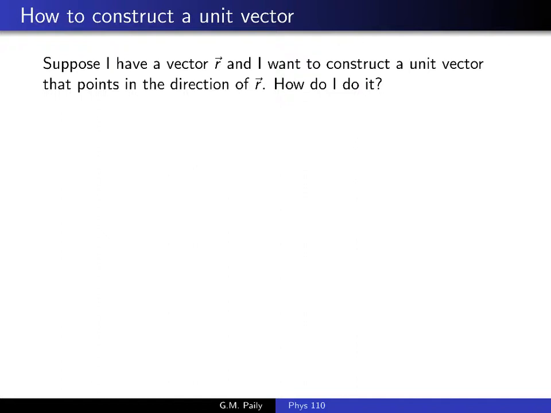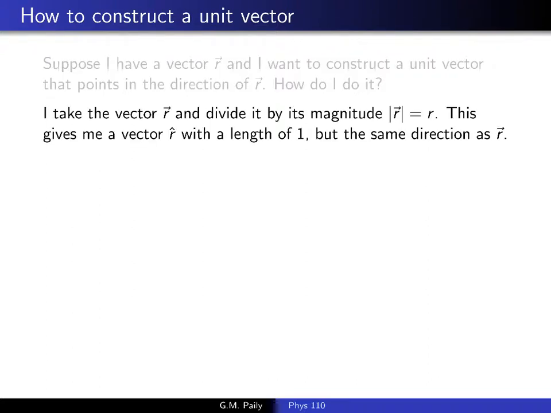So, supposing I have a vector r, and I want to construct a unit vector that has the same direction as r, but obviously has magnitude 1. How do I do it? What I must do is, since r has the correct direction, I simply need to scale it until it has the correct length.